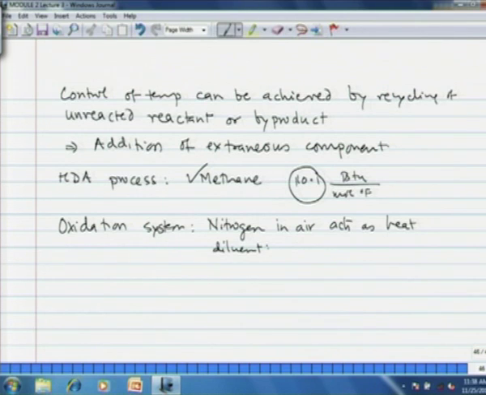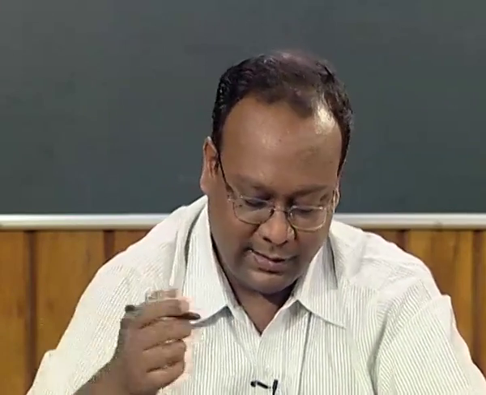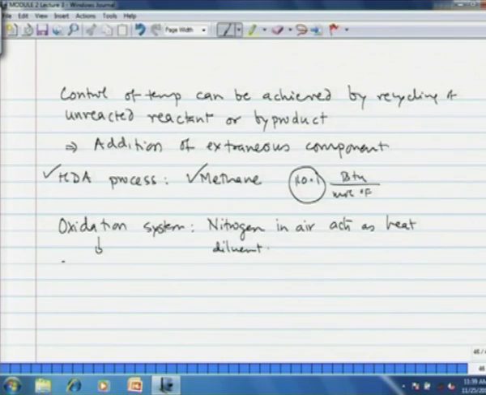Now, in order to reduce the cost of compressor, one of the process alternatives that is used in HDA process is purification of the recycled gas, that is taking out hydrogen and throwing off methane, or in some cases, in case of oxidation system, enriched air is used, where the oxygen content of air is raised from 20%, which is normal, to 40-50%.